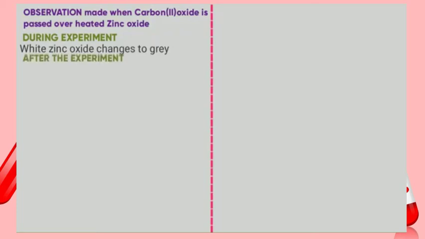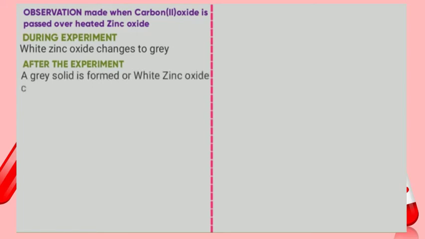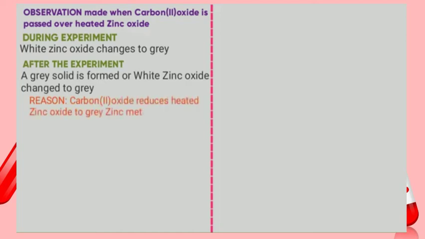After the experiment, a gray solid is formed, or you can say white zinc oxide changes to gray. Reason is carbon 2 oxide reduces heated zinc oxide to gray zinc metal, while itself oxidized to carbon 4 oxide.